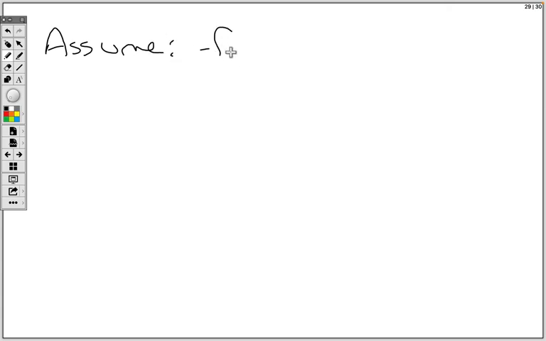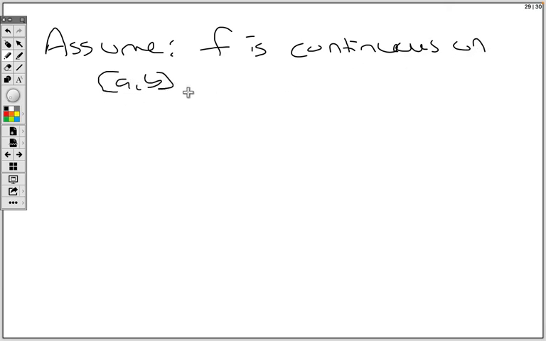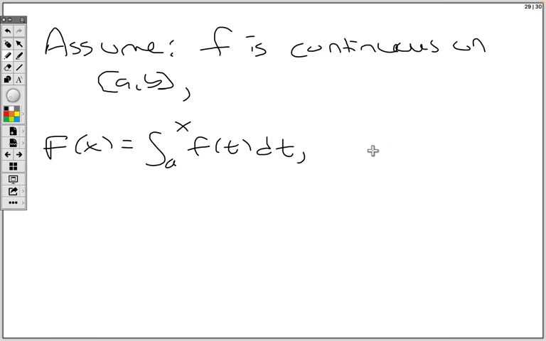So we're going to assume f is continuous on the interval [a, b], and we're going to define capital F of x to be the integral from a to x of little f of t dt for some x between a and b.